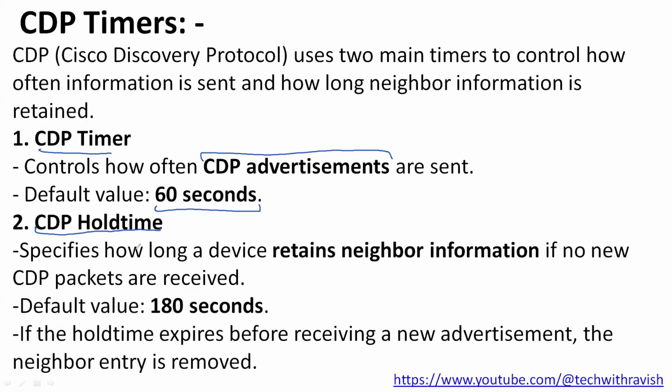If the neighbor information is not received, it will wait for 180 seconds to get a response from the neighbor. If there is no response, the hold time expires and the entry of the neighbor is automatically removed from the table.